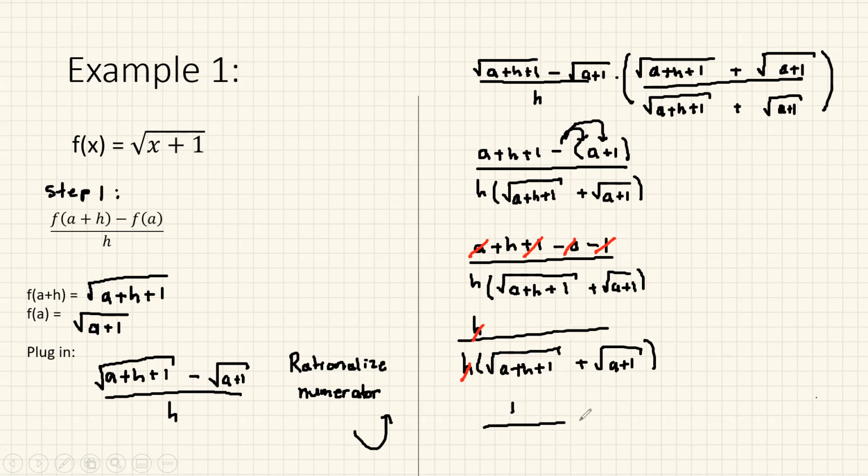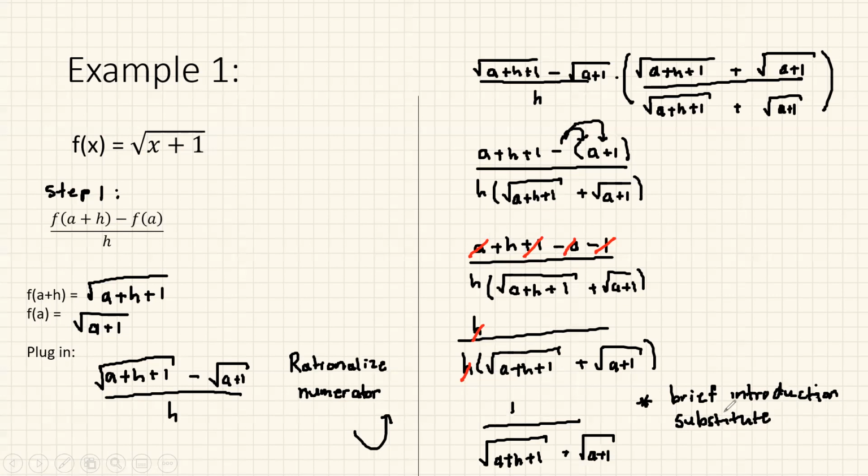1 in the numerator over the square root of a plus h plus 1 plus the square root of a plus 1. Okay, and this would be your final answer because this was sort of a brief introduction to how to use the difference quotient, how to substitute, and how to tackle it.